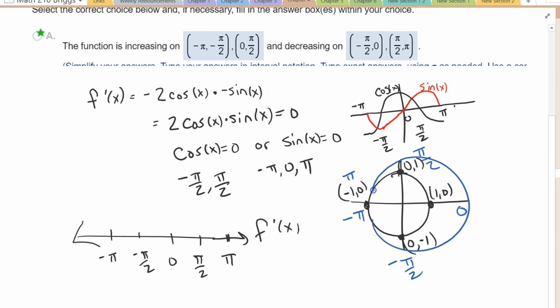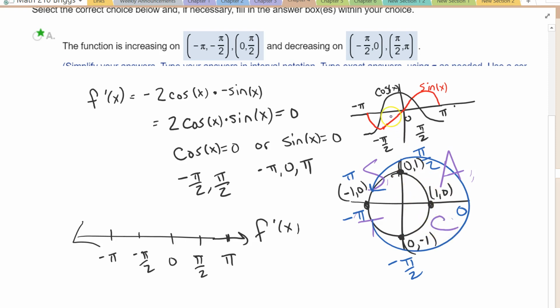And if I go around the unit circle this way, you might have recalled the terminology, something like all students take calculus, where everything is positive in the first quadrant, only sine and cosecant, only tangent and cotangent, and only cosine and secant are positive in these quadrants.